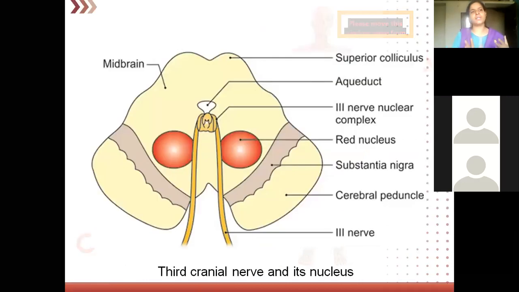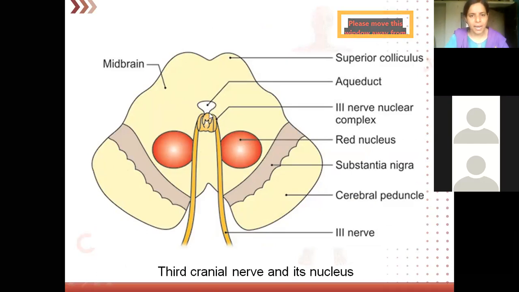So first, what did I show you? The base of the brain, and I told you the midbrain is hidden, right in front of pons, where you are finding the nerve coming out. To be more specific, this is the cut section of midbrain. In it you are finding the cerebral peduncles, and this is the cerebral aqueduct of Sylvius.